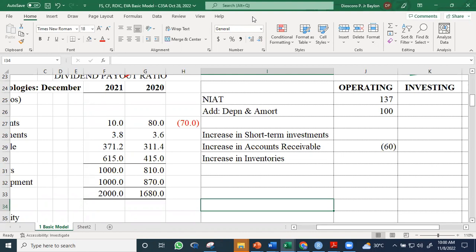Operating, investing, or financing? Is it a source of cash or a use of cash? So 2 letters, please. Now we have different answers.